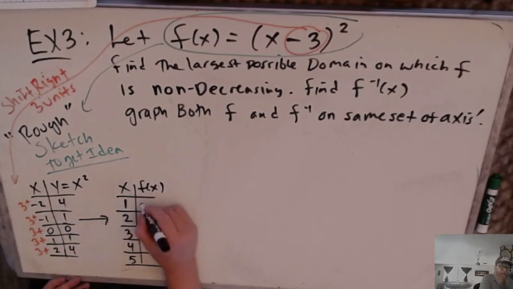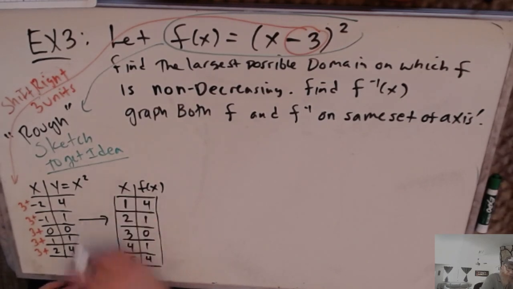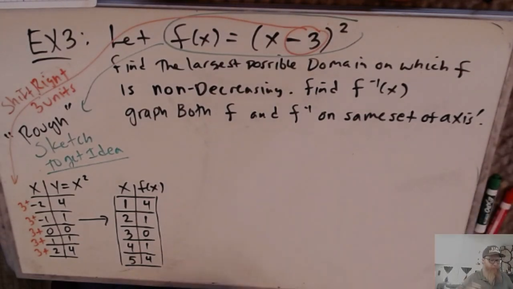The y's didn't change because there's no reflection and there's no vertical shift. So the y's stay exactly the same. Okay. So this is my function.